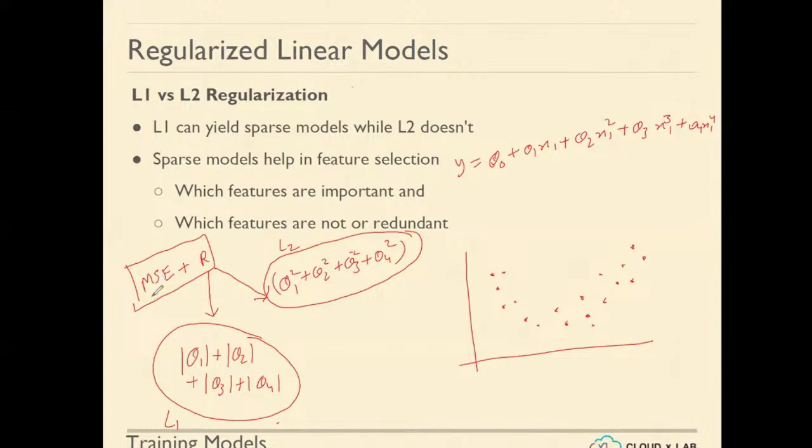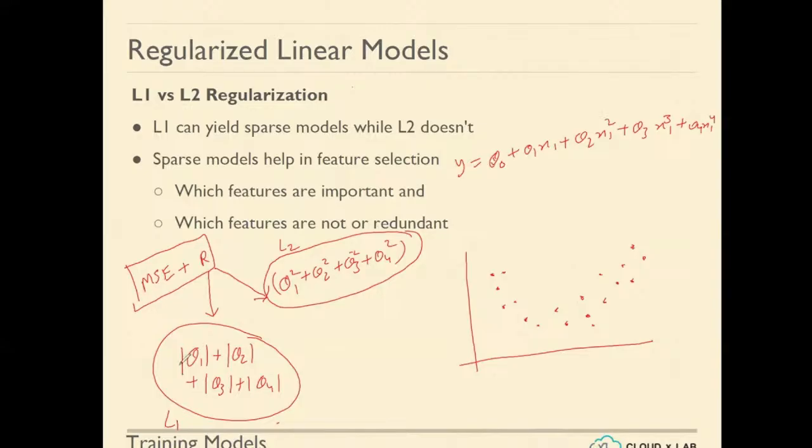So now we will have MSE, or the cost function, plus one more term, regularization term, right? So if you fit here, let's say, a high degree polynomial, it can fit these data points very well, right? So in that case, MSE error will be low, right?